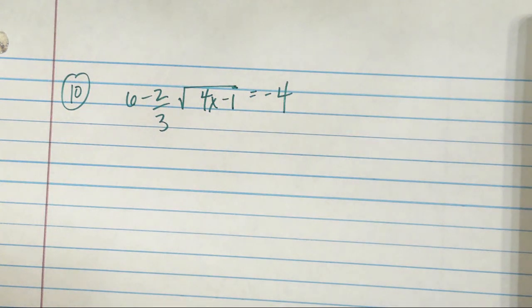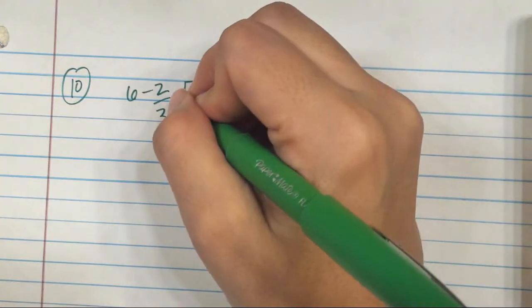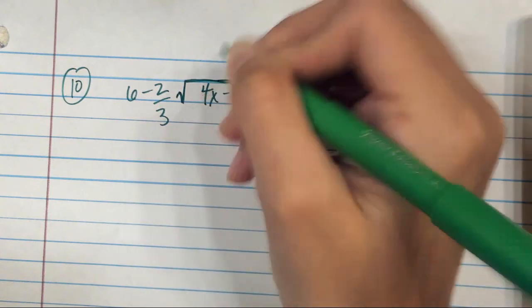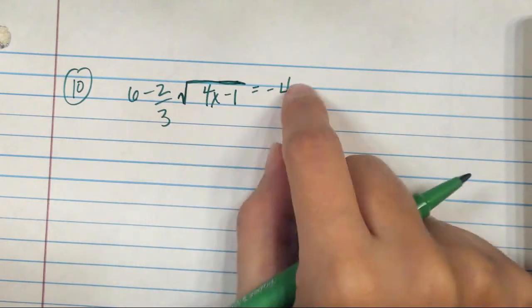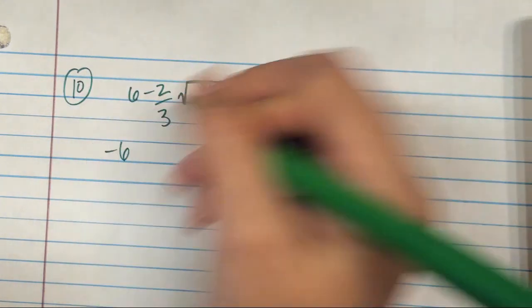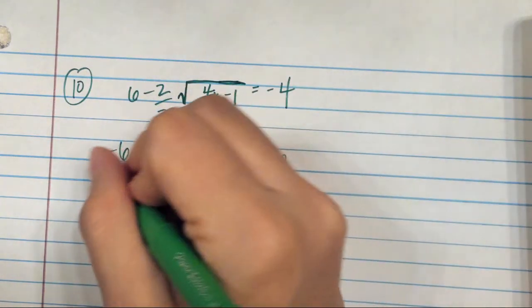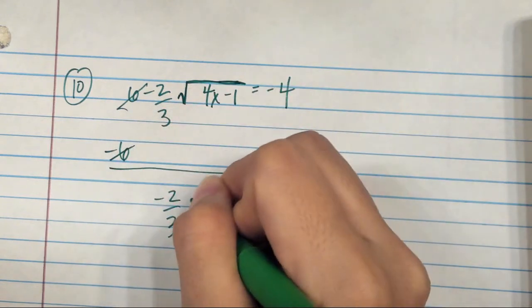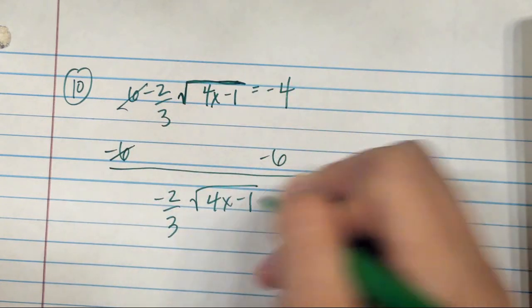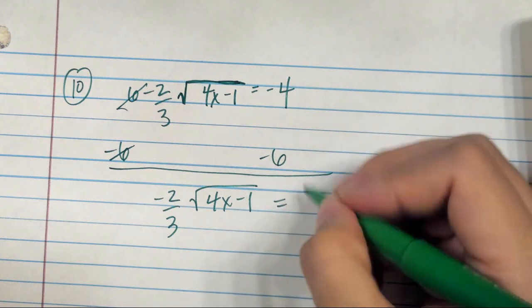I want to get x by itself, but x is underneath a radical. So I need to get the radical, the square root, by itself. The first thing I'm going to do is subtract 6 from both sides. So you get -2/3 square root of 4x minus 1 equals -10.